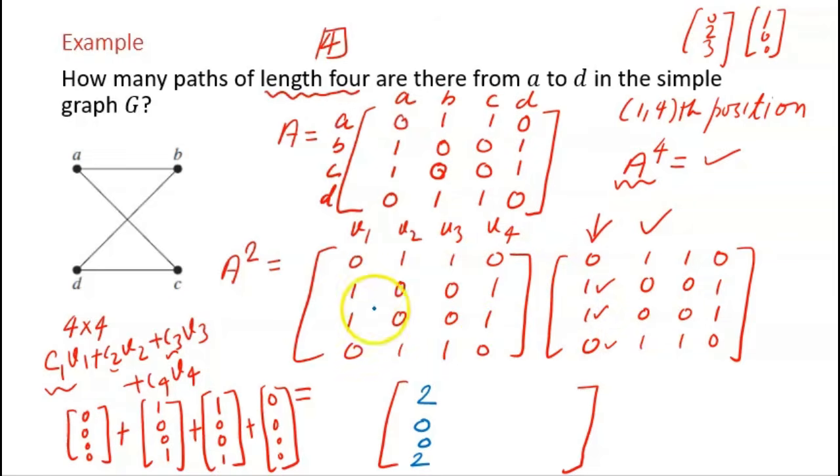Basically we are taking 1 times the first column, 1 times the last column, and 0 times the second and third columns. So if you combine all of them, you will be adding the first and last column, and you'll get 0, 2, 2 and 0.